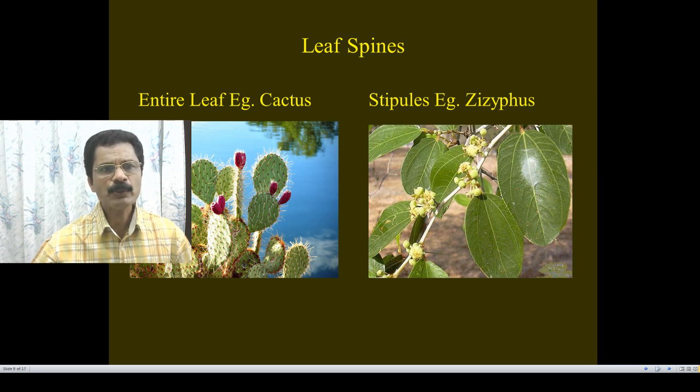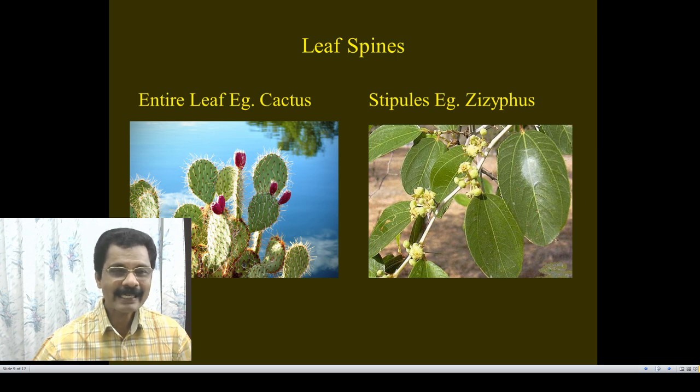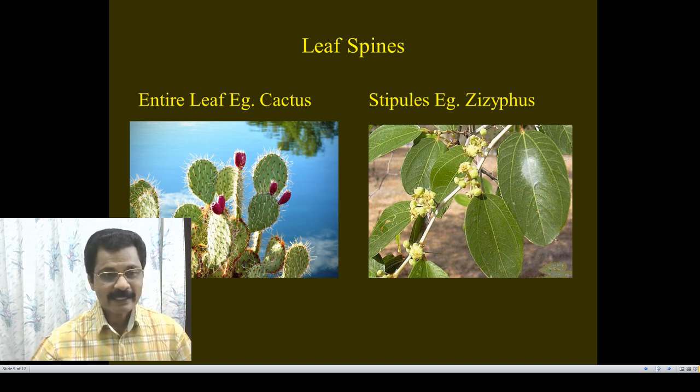Then leaf is modified into spines. The entire leaf is modified, as in the case of cactus, to reduce excess transpiration. In the case of Zizyphus, the stipules are modified into spines for protection from the browsing animals.